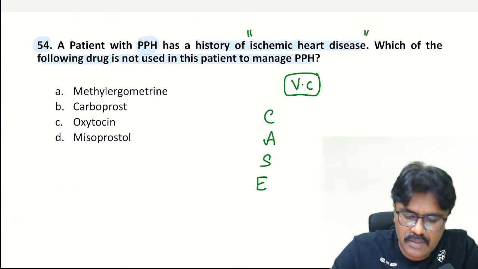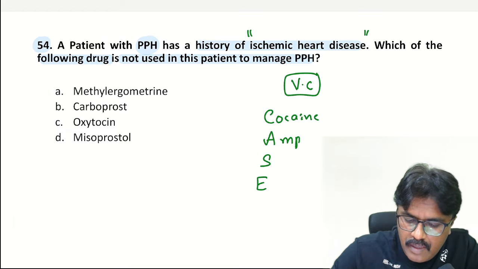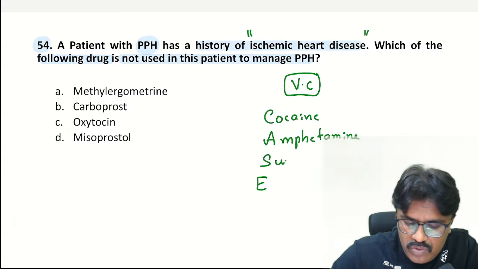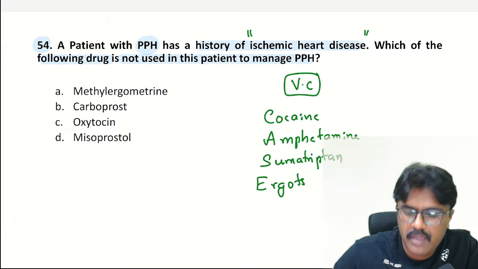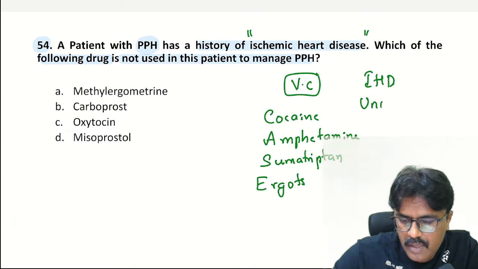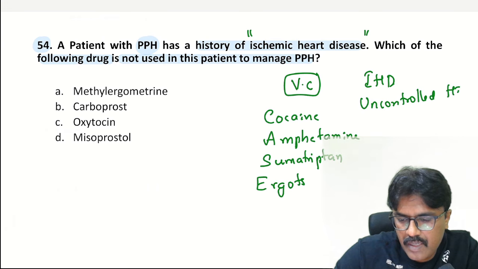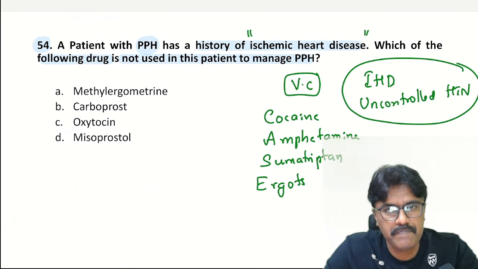What are the CASE drugs? CASE means cocaine, amphetamine, sumatriptan, ergots. These should not be given if a person is having IHD or uncontrolled hypertension. This is tested frequently, so you should be knowing that.